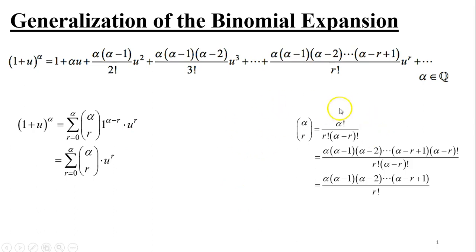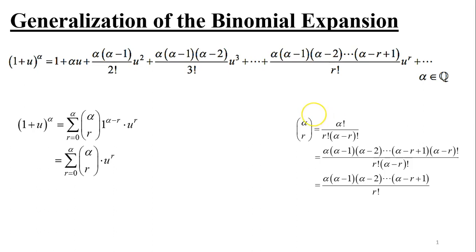So starting with the combination formula that you already know, which is alpha factorial over r factorial into alpha minus r factorial. Now you know that alpha factorial is the product of alpha by all its preceding terms all the way to 1.